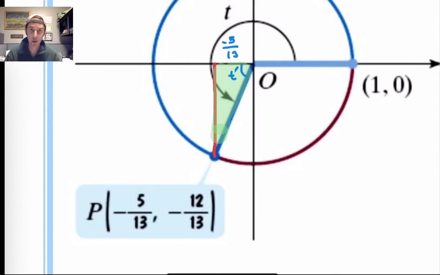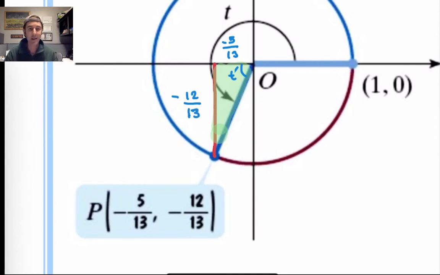Here's where you need a really sharp pencil. Then, to get to point P, we moved in the downward direction, the negative y direction, a distance of 12/13. So negative tells me I'm moving downward, and 12/13 is how far we moved.